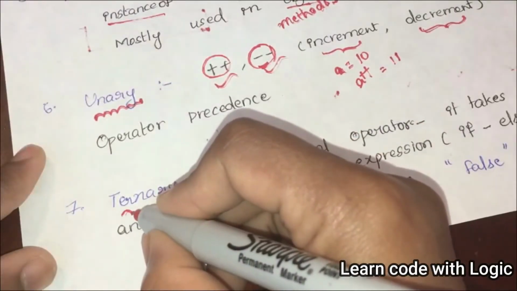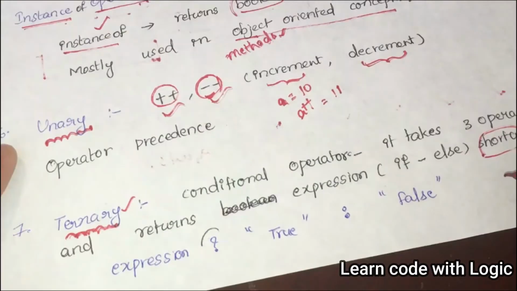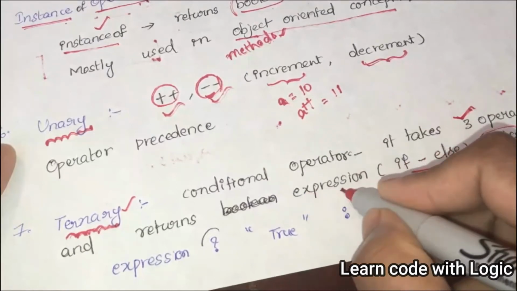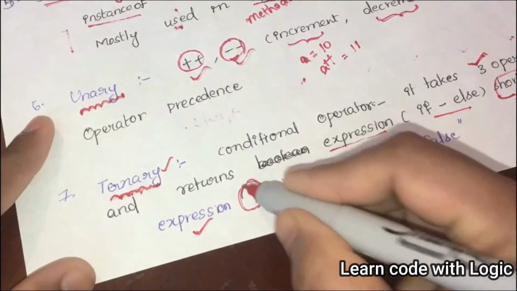The last one in today's tutorial is the ternary operator. It is also like a conditional operator. We can also say this is the shortcut of if and else statements. It takes three operands and returns the expression which is true. Suppose here we are giving an expression, and this question mark is the ternary operator.